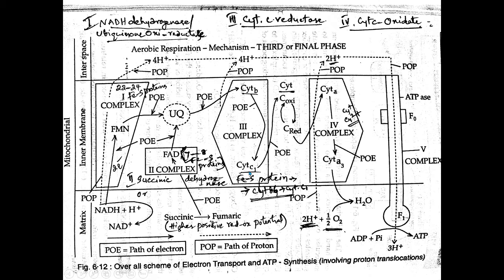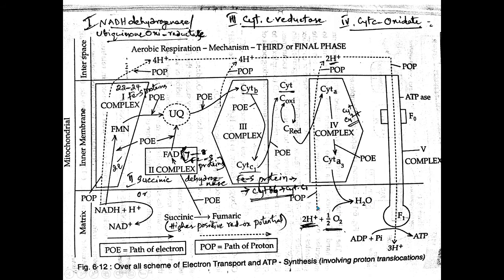From cytochrome C1, electrons move to cytochrome C. By accepting the electrons it undergoes reduction, and by releasing the electrons it undergoes oxidation again. So cytochrome C1 transfers the electrons to cytochrome C. From cytochrome C they enter into complex 4, where these electrons are received by cytochrome A, and cytochrome A passes these electrons to cytochrome A3, which ultimately moves them to oxygen and reduces the oxygen to water.